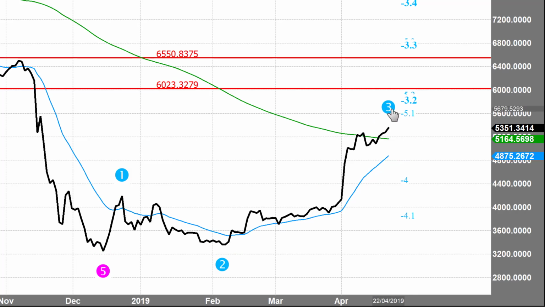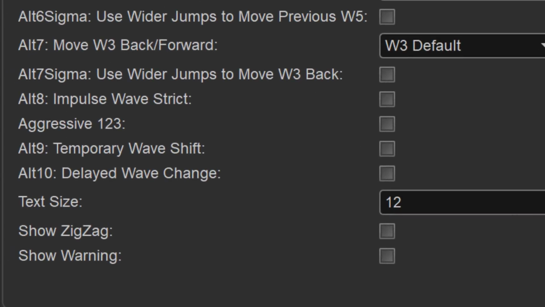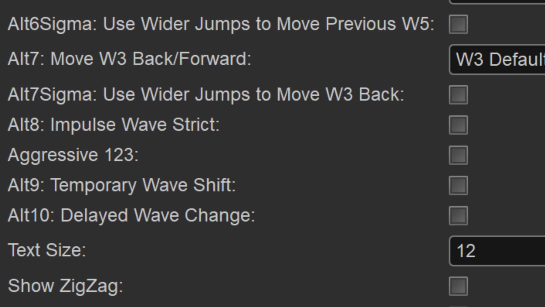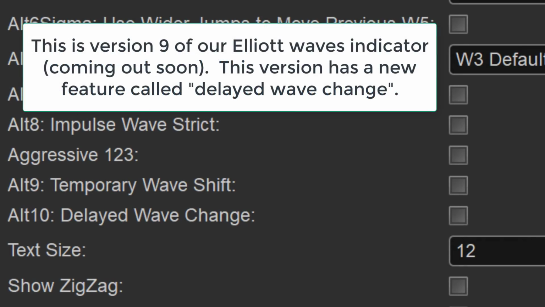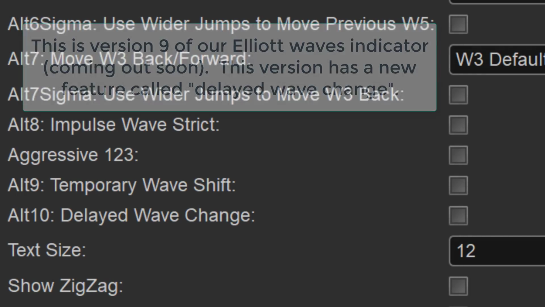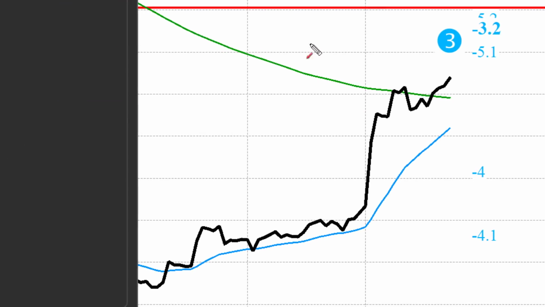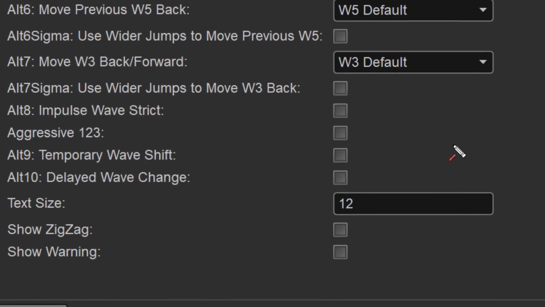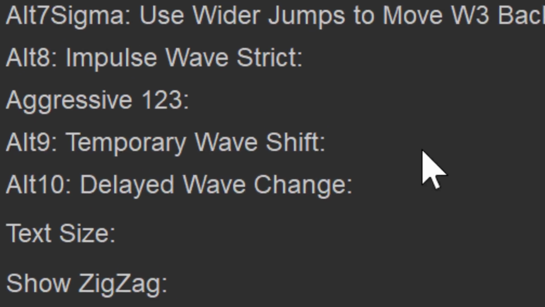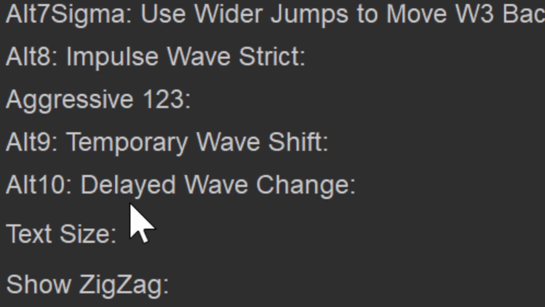Okay, and what I'm going to do is I'm going to go into the settings of this indicator. What you're seeing here is the settings of our Elliott Waves indicator. This is the latest version, version 9. And as you can see here, right now, what you're seeing on the right-hand side is the default setting of our indicator. But I put into the settings of this indicator an alternative.